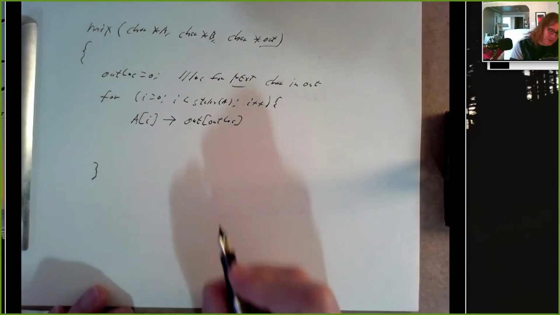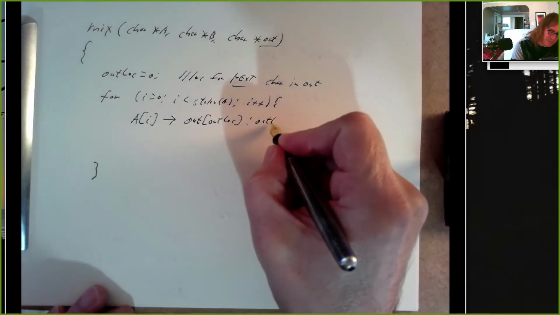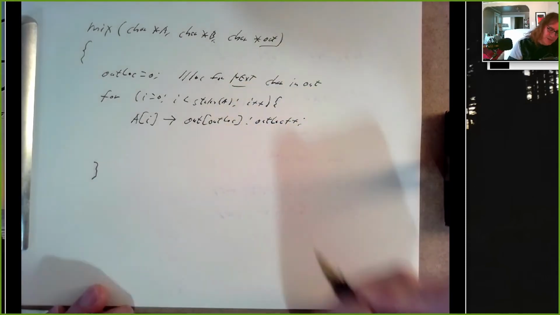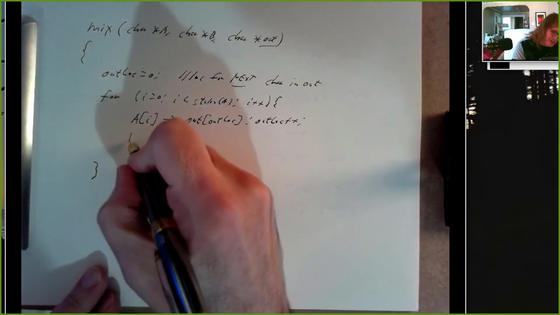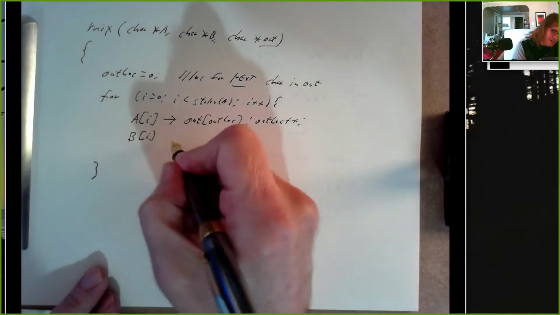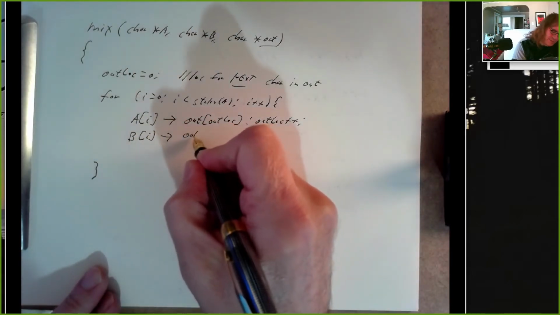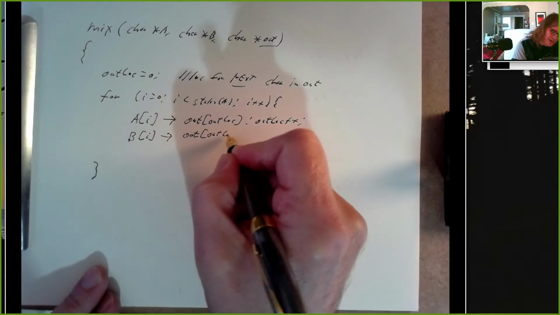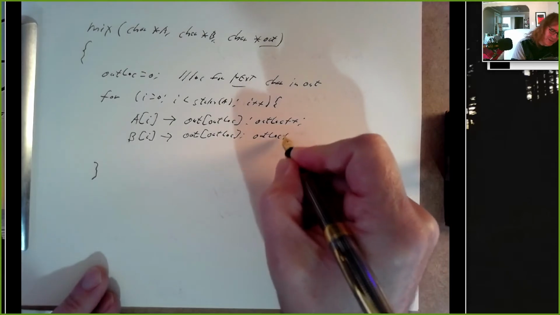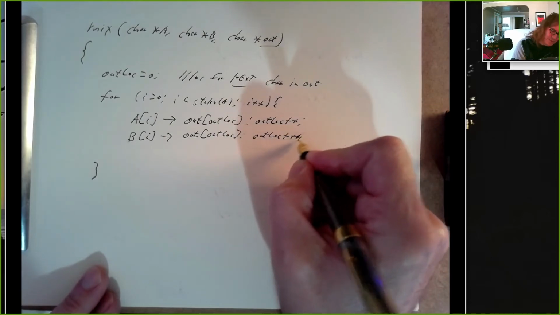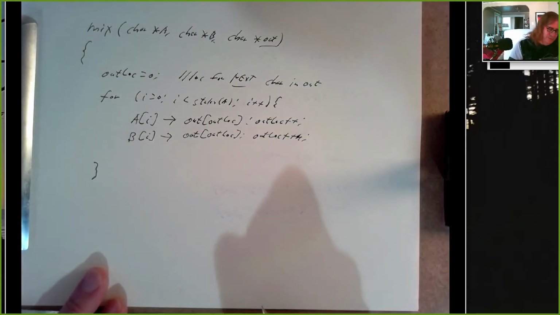As soon as I've stored something there, I need to increment my output location. And then I want to take the same indexed character from B and save that in my output string. And anytime I save something at that location, I have to bump up my output location.